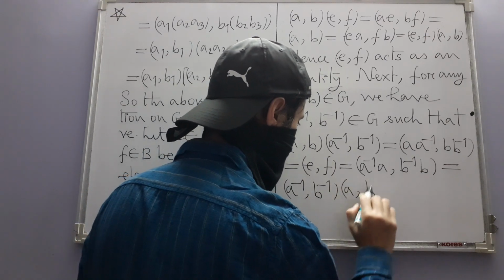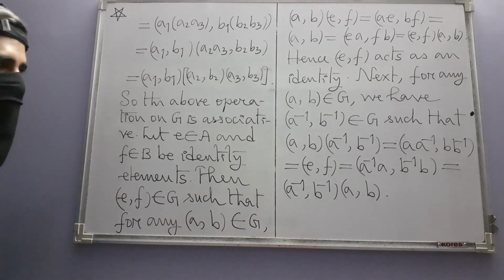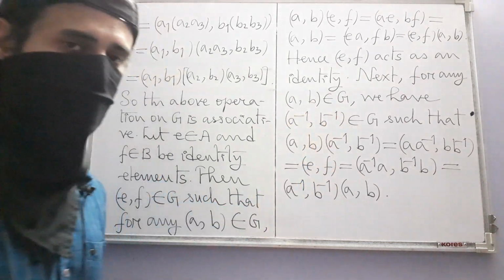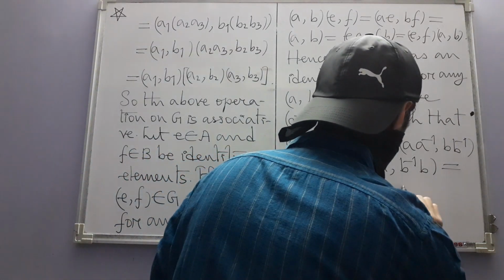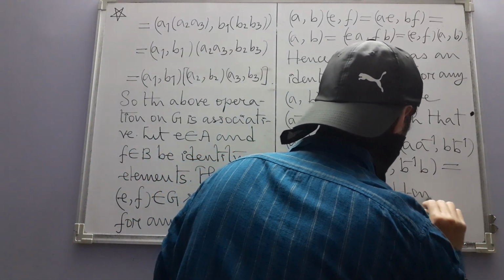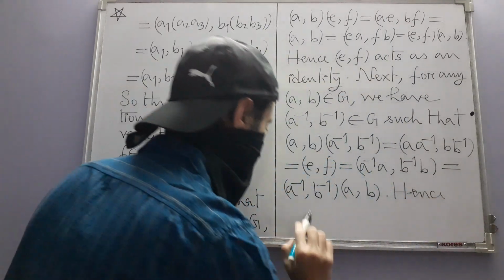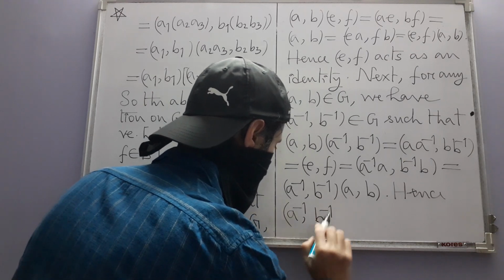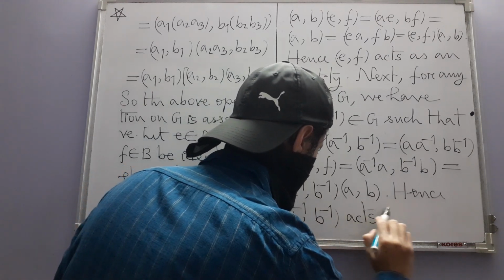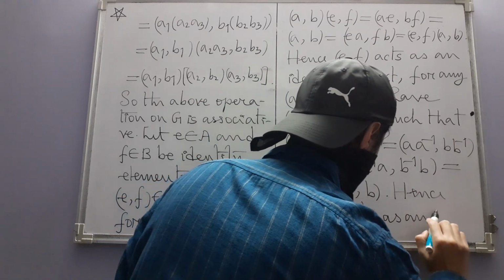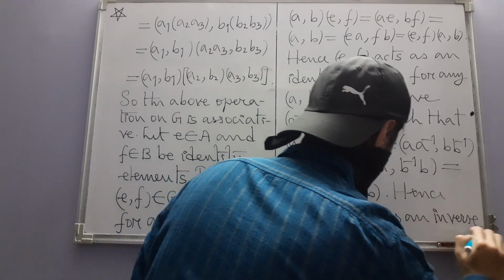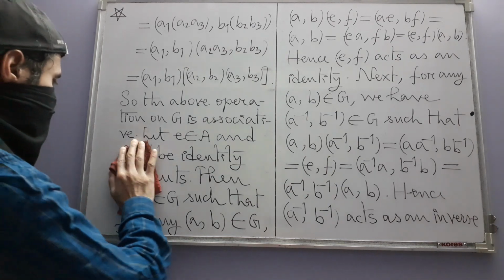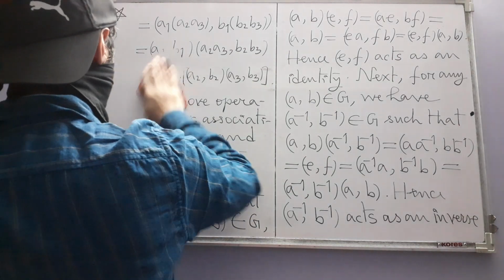So it shows that this element is an inverse of this element. Hence, this acts as an inverse of the chosen element A comma B.